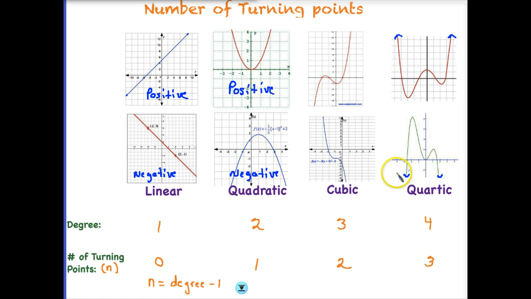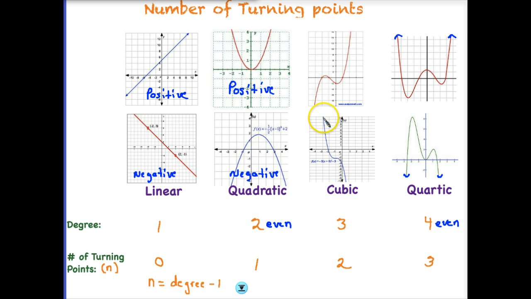So the quartic is very similar to the quadratic. Now notice the degree between the quartic and the quadratic. The degree is even. And here the degree is even. So if you have an even degree, we know that the end pieces of the polynomial will go in the same direction. Whereas this cubic is more similar to the linear.